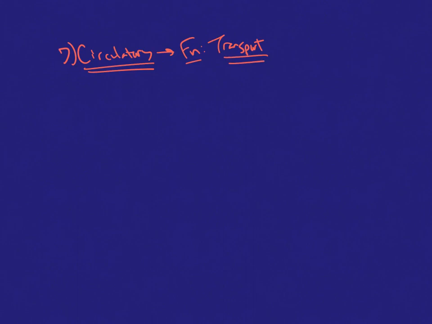All right, system number 7, the circulatory system. Now, this is an incredibly complex system, right? The function of which is transport, right?